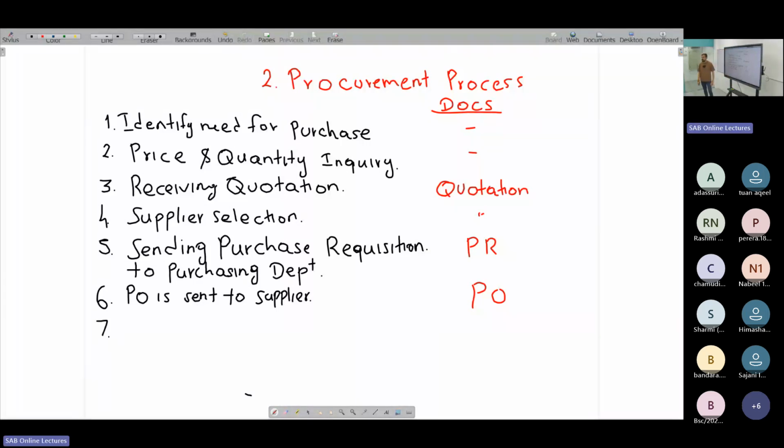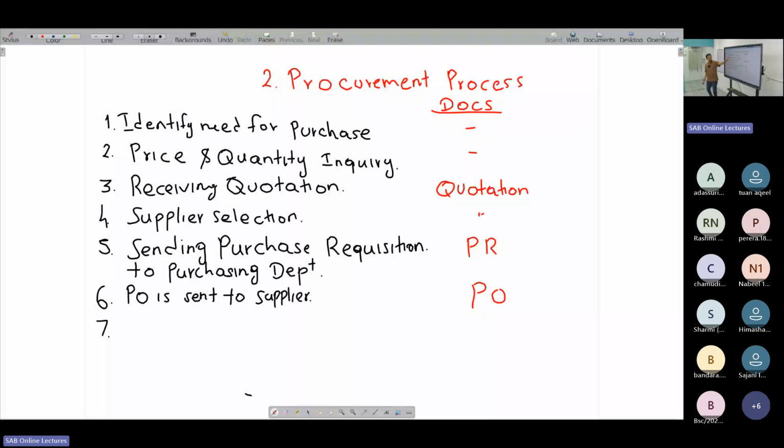Once the purchasing department sends the purchase order to the supplier, what's the next step? What is the purpose of sending the purchase order? Confirmation of the order. So up to now, you can write it similar to sales.